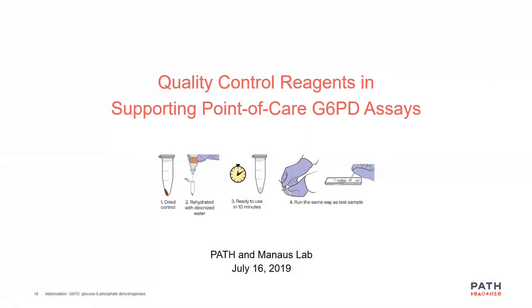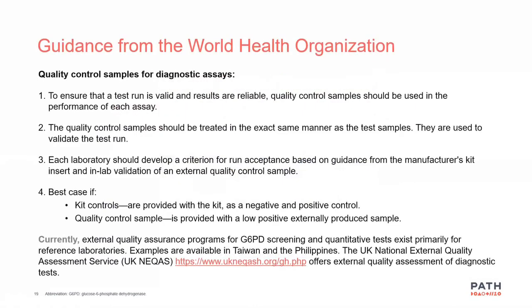So my part of the talk is about quality control reagents in supporting point-of-care G6PD assays. On the next slide, we have some guidance from the World Health Organization for using diagnostic assays and using quality controls.